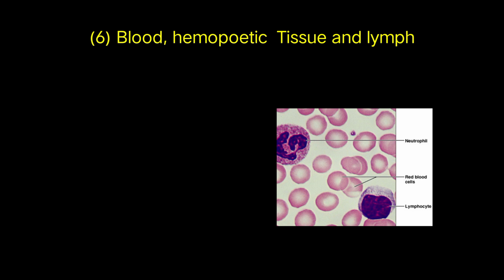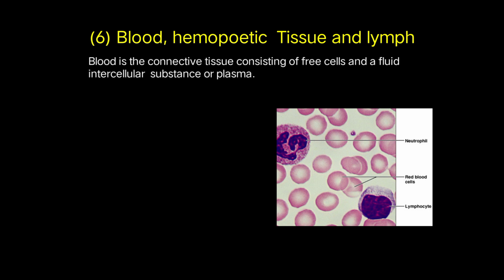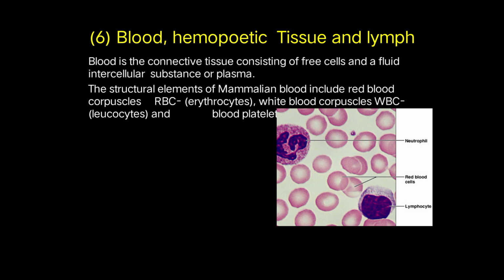Just think about that, because you have already seen blood in your previous classes. Blood is a connective tissue containing free cells and fluid in the intercellular space, the plasma. The structural elements of mammalian blood include red blood cells, that is RBCs, white blood cells, called WBCs or leukocytes, and blood platelets.